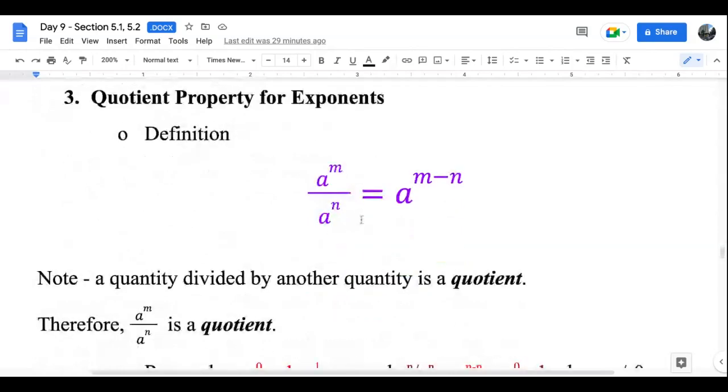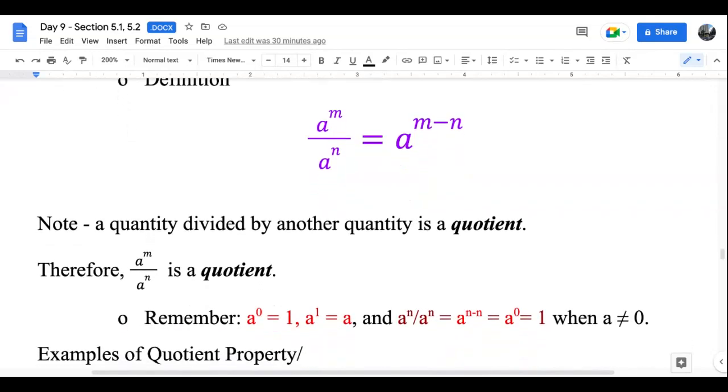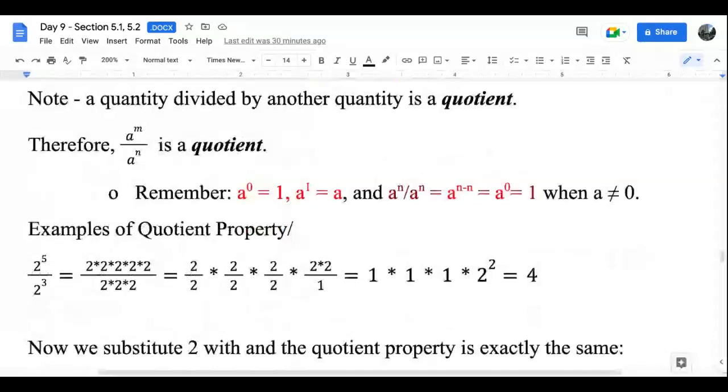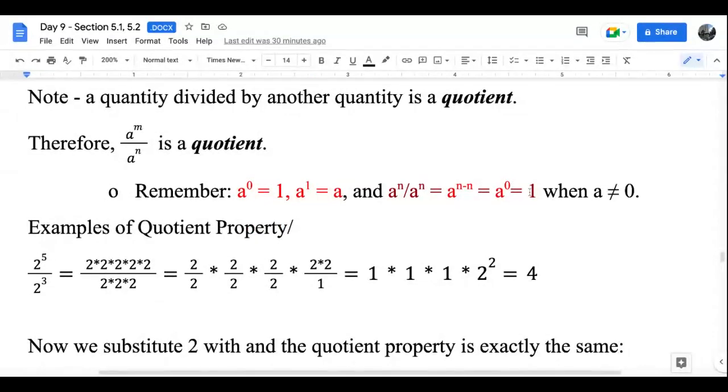Okay, quotient. Again, a to the m divided by a to the nth power. We write that as a raised to m minus n. Okay, same base, quotient, subtraction. So a to the 0th power is always 1. a to the 1st power is always a.